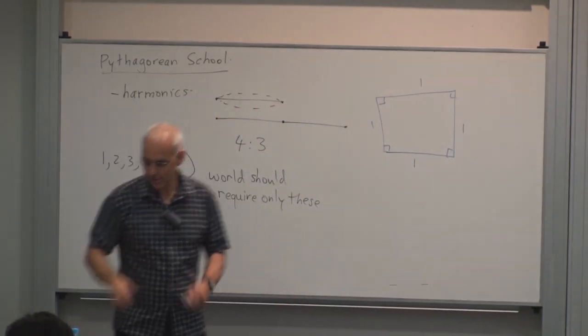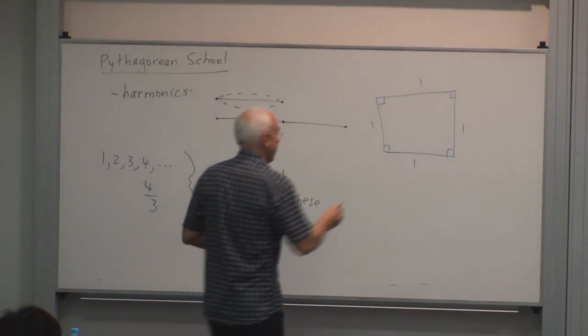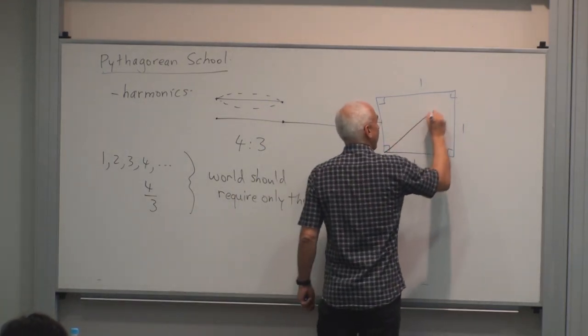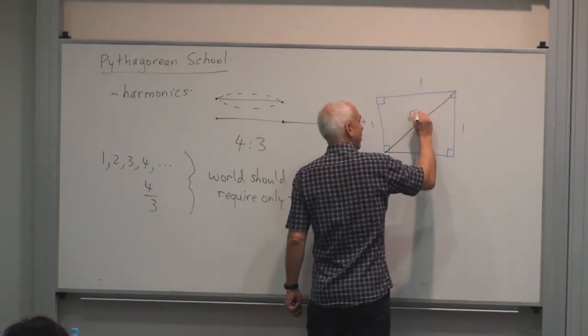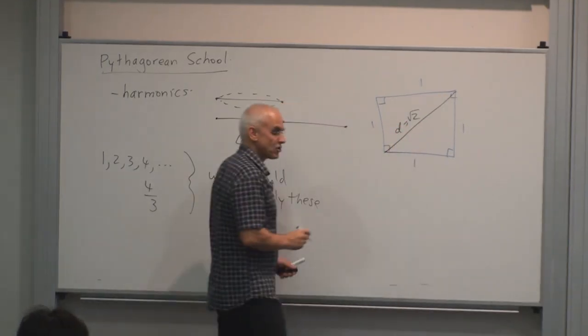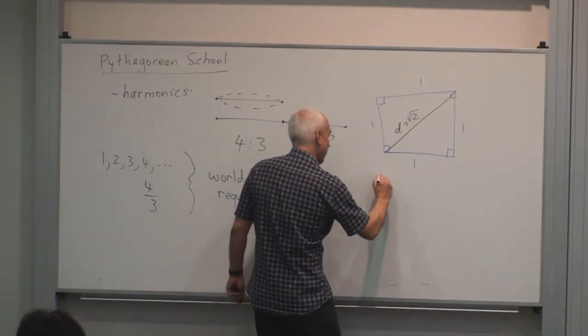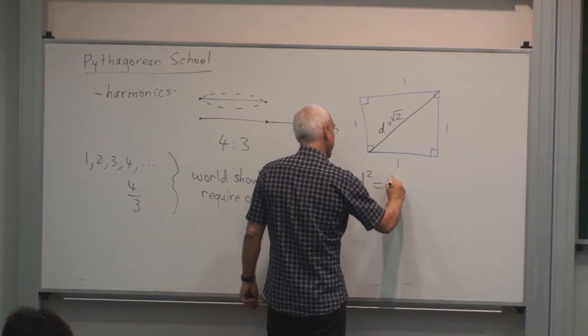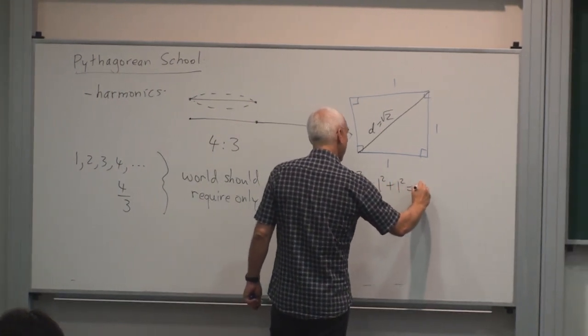And the diagonal of that square, which these days we all know is, well, we call it root 2. Okay? Whatever the number d is, by Pythagoras' theorem, it's got to have the property that d squared equals 1 squared plus 1 squared, which is 2.